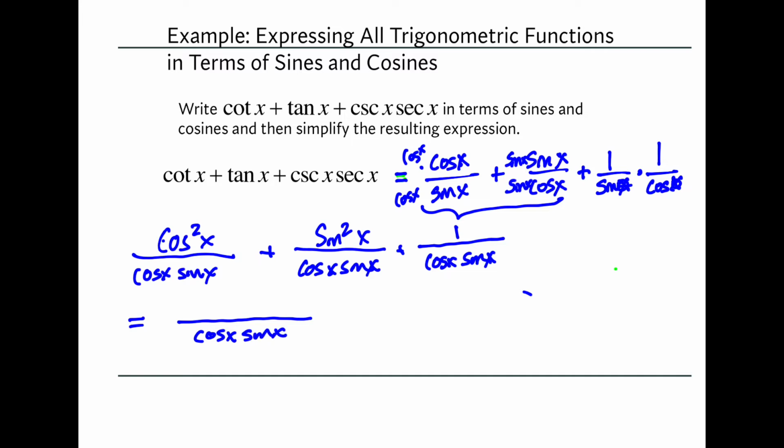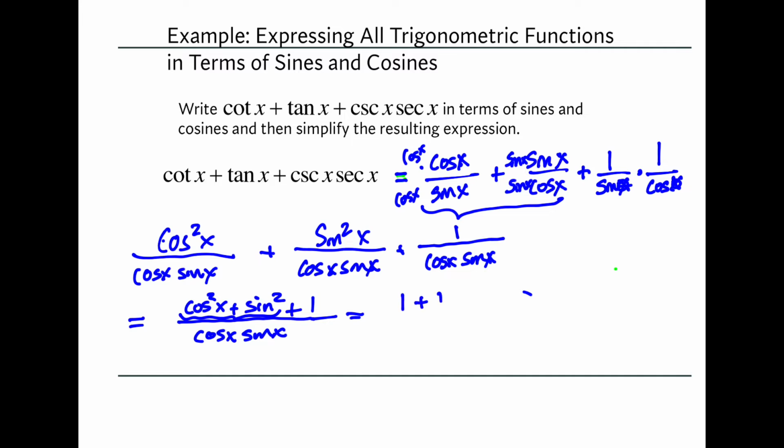On the top, I have cosine squared x plus sine squared x plus 1. And I can see that here's a Pythagorean identity now. Cosine squared x plus sine squared x is 1. We add those together.